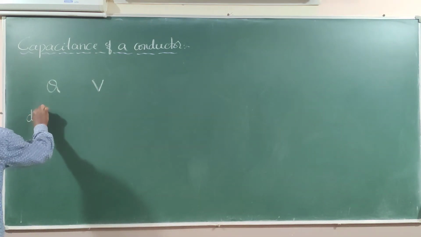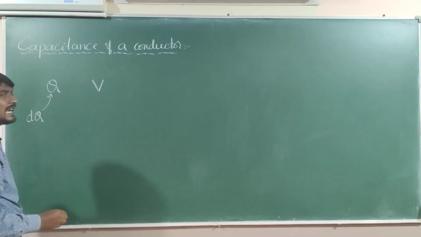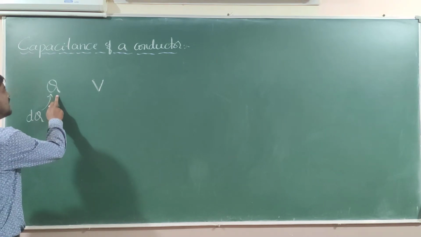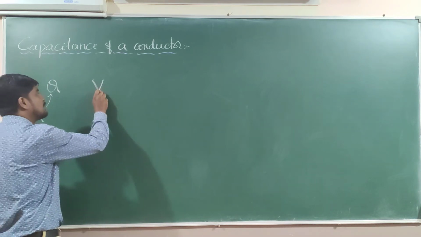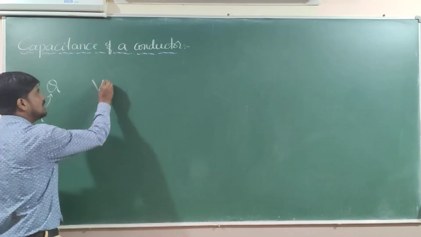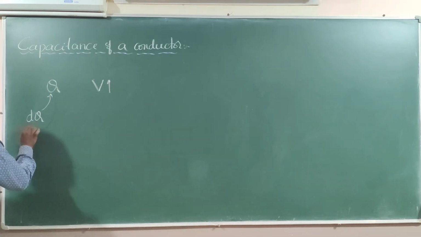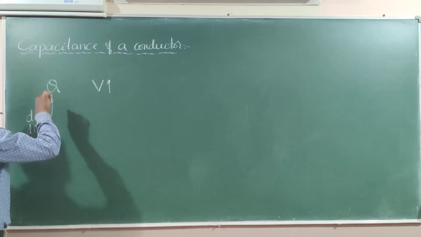If I add a small dq to this source charge, obviously the strength of the electric field increases. Once the strength of the electric field increases, the potential also increases.